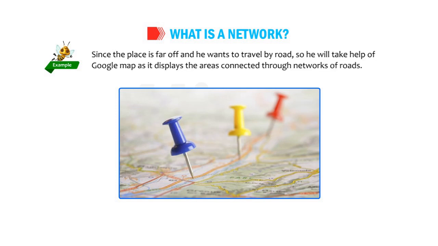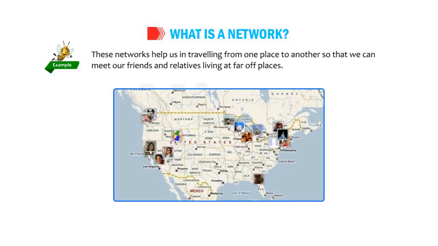So he will take the help of Google Map as it displays the areas connected through networks of roads. These networks help us in traveling from one place to another so that we can meet our friends and relatives living at far off places.